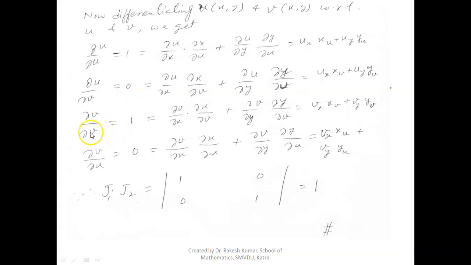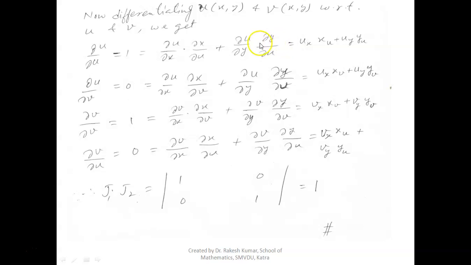If v with respect to v, I get 1, and v with respect to u gives 0. We can have their expansion like this: del u by del x into del x by del u plus del u by del y into del y by del u. Similarly, all other elements can be written.